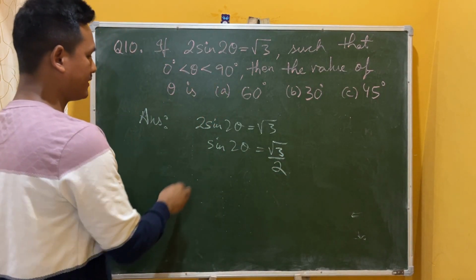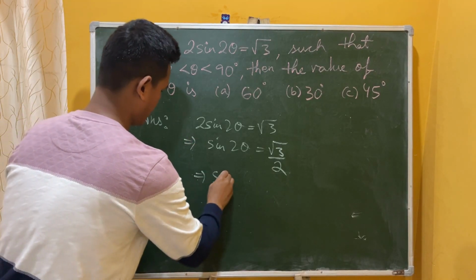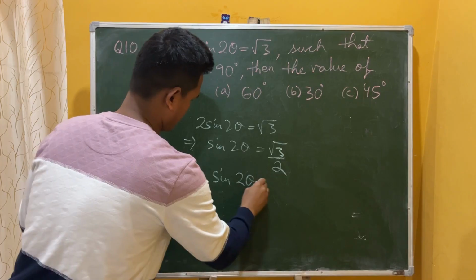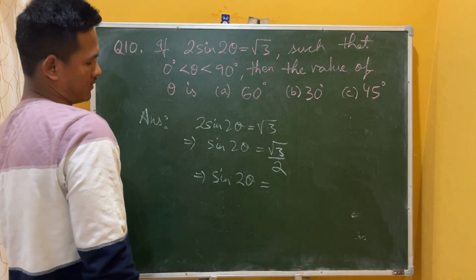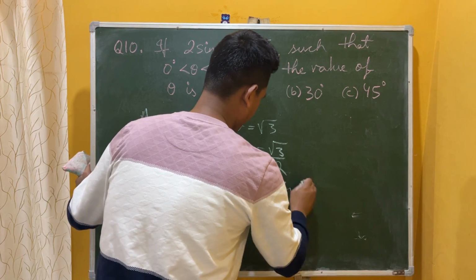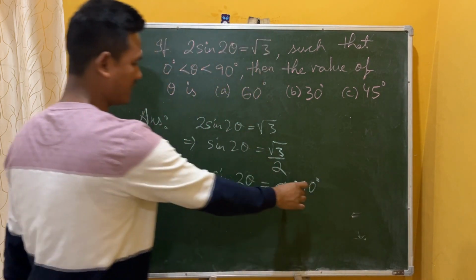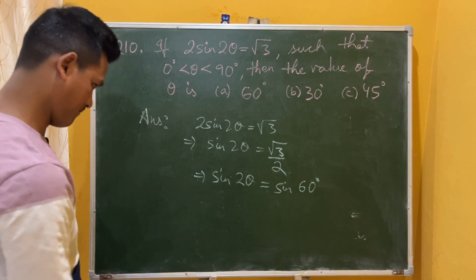I can write root 3 by 2 as sine 60 degree, because sine 60 degrees is root 3 by 2.